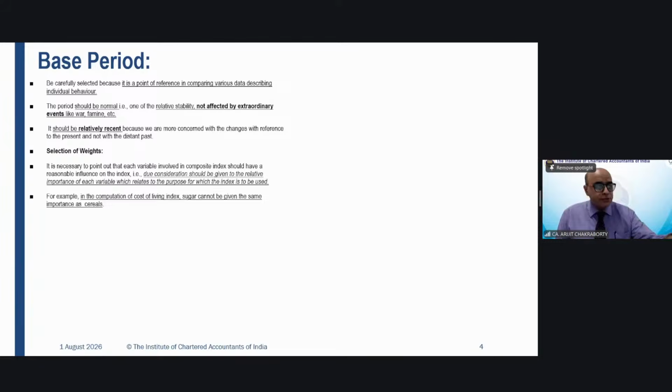For example, you can see on the slide I have added one example, that sugar cannot be given the same importance as cereals, because we do not consume sugar to the extent we consume staple cereals like rice or wheat or maize. Right? I hope you understand. Similarly, the quantity of milk, bread and fruits which we consume cannot be compared with the quantity of tea or coffee which we consume every day. So therefore, the weights are very important.